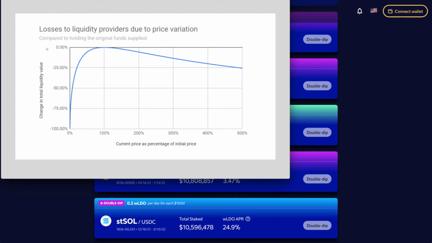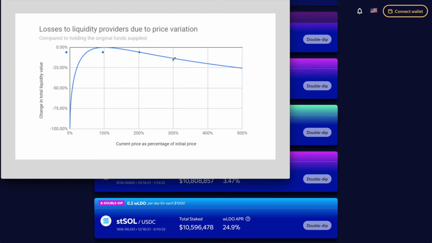You have zero change to your original funds. Now, if the price doubles, right, it goes up by 200%, you can see that you'll start losing money. So if the price of Shadow doubles, you would actually lose a little bit of money. So maybe like, I don't know, 8%, 10%, something like that.